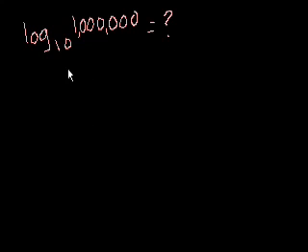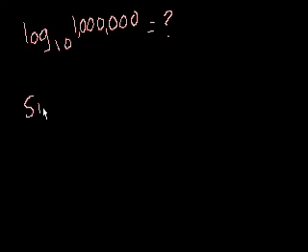Well, all we have to ask ourselves is 10 to what power is equal to 1 million? And 10 to any power is equal to 1 followed by that many zeros. If you say 10 to the fifth power, that's equal to 1 followed by 5 zeros. So 1 followed by 6 zeros is the same thing as 10 to the sixth power. So 10 to the sixth power is equal to 1 million.